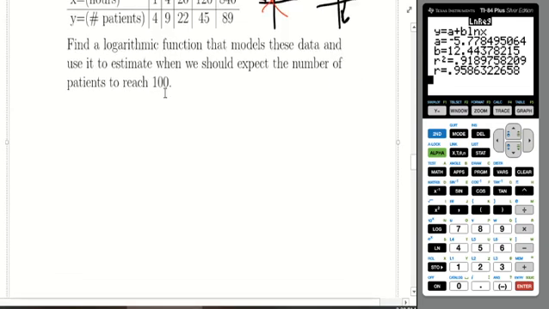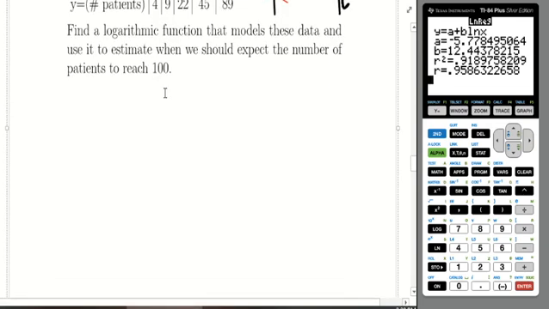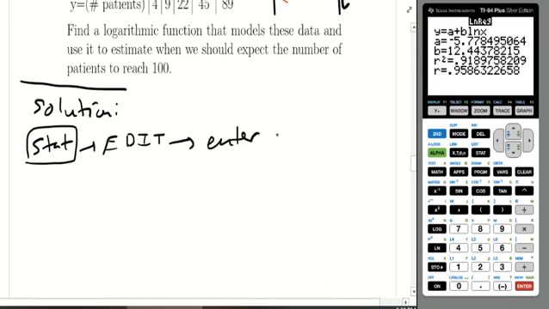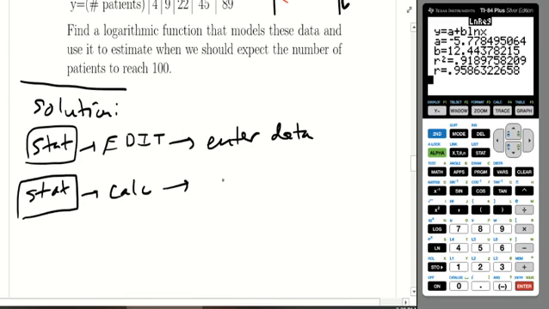So what do we do? We stat edit, enter the data, then do stat calc number 9, which is ln reg.